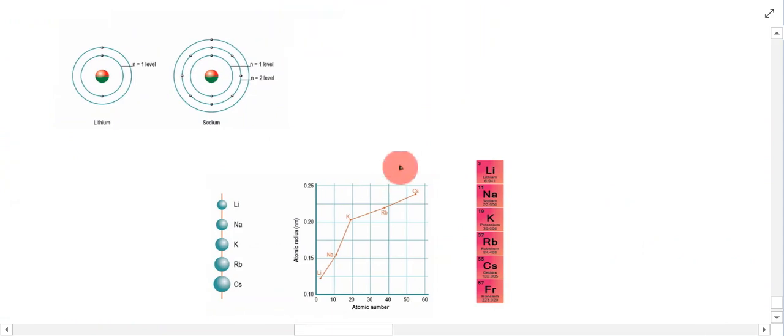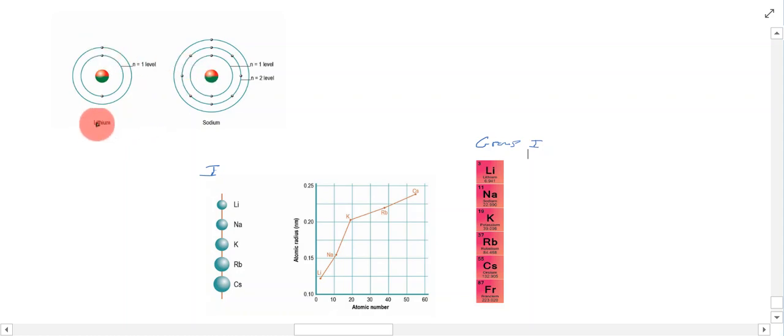Okay, so what we have here are two atoms, and these are all group 1 elements. Group 1 is the first group on the periodic table. Now, all of these group 1 elements have one electron in their outermost energy level, or the outermost shell, their valence electron.